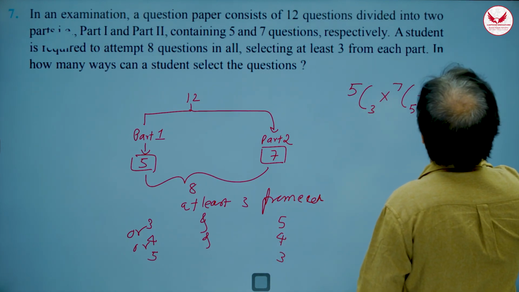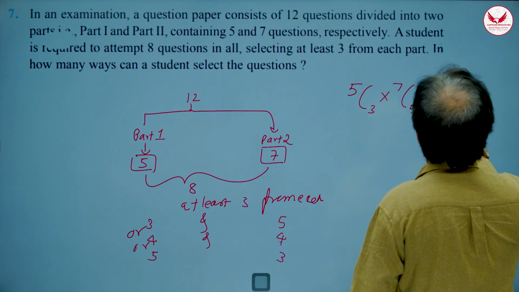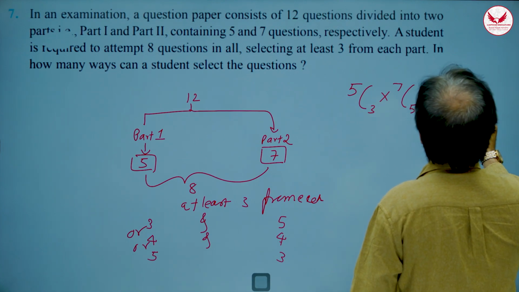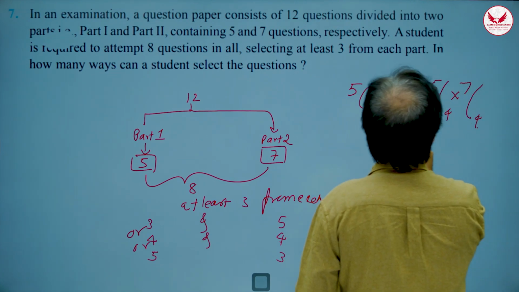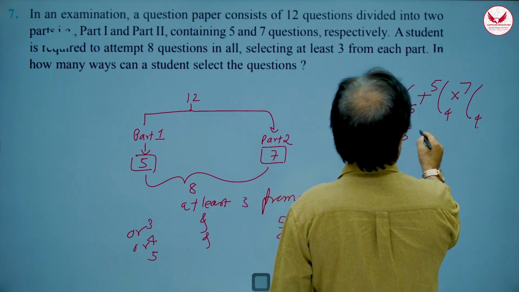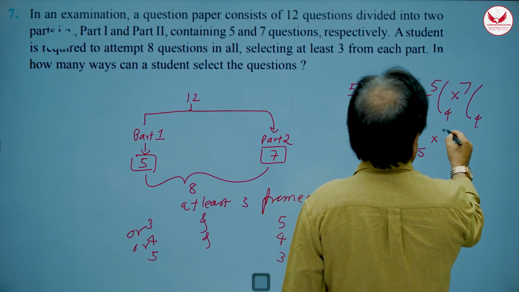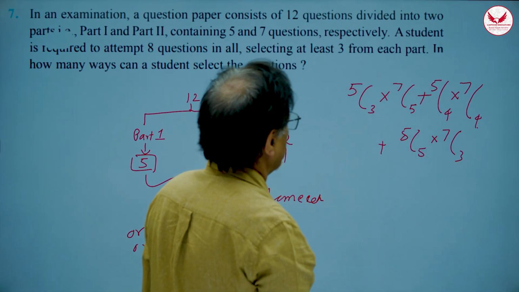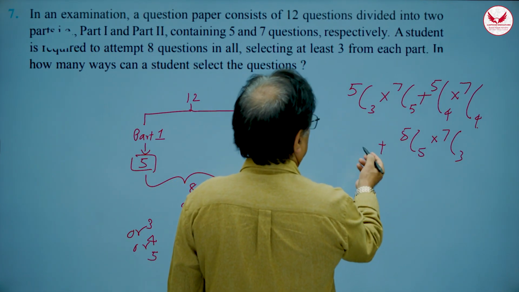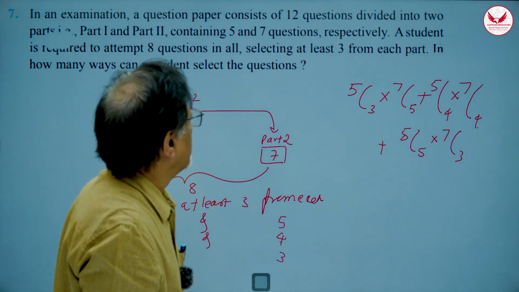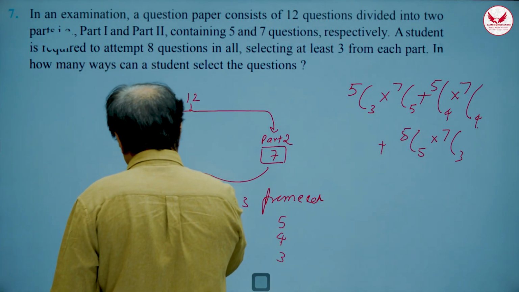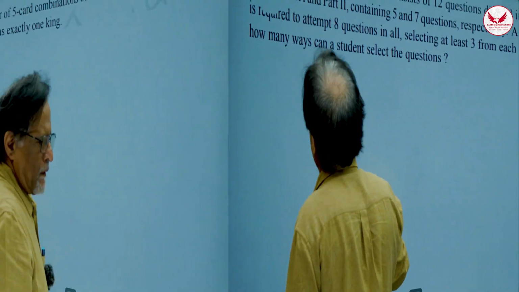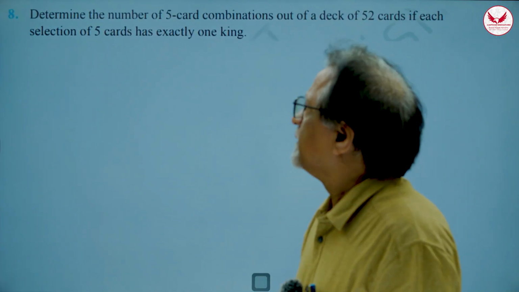Plus, then increase this 5C4 multiplied by 7C4, right? Then plus 5C5 multiplied by 7C3. Now, this is the answer to your question, right? And this answer can be calculated and you can find out the answer. Okay, that's all. Now, let us do problem number 8, right?